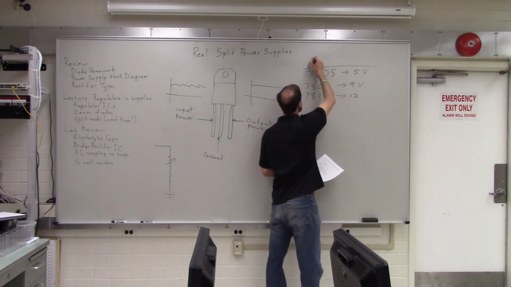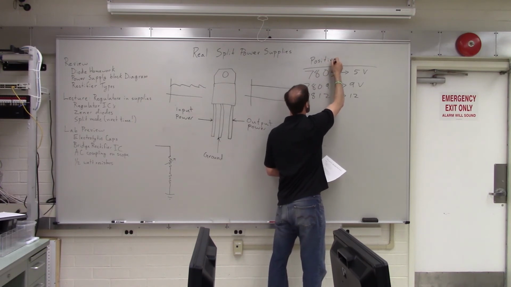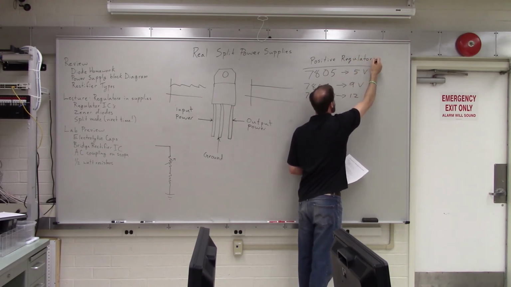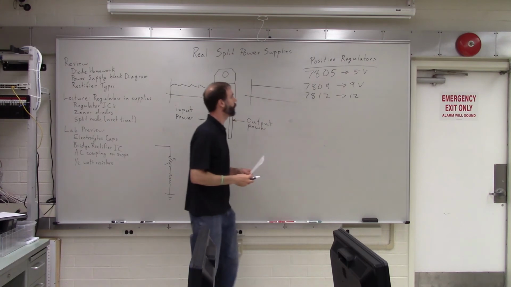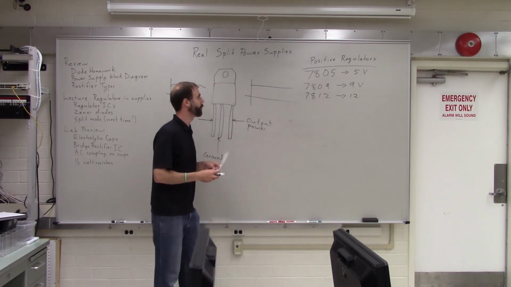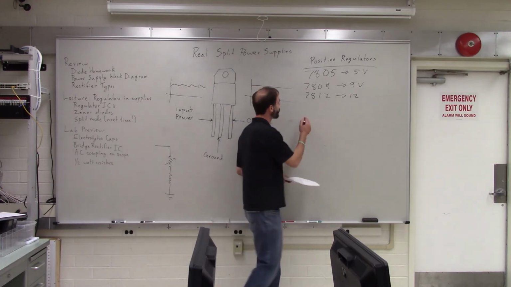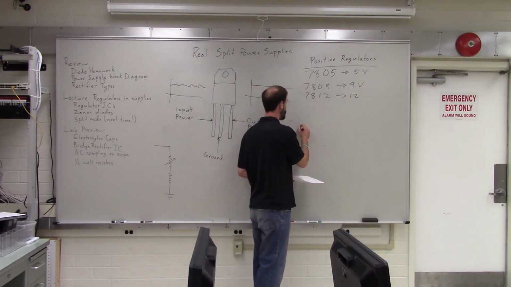So these are all positive regulators. So you put in a positive voltage, you get out a positive voltage. There are other types of fixed regulators that are in the 79 series.